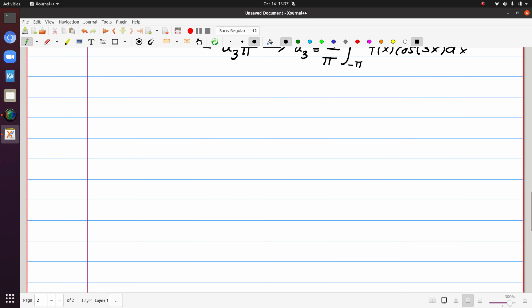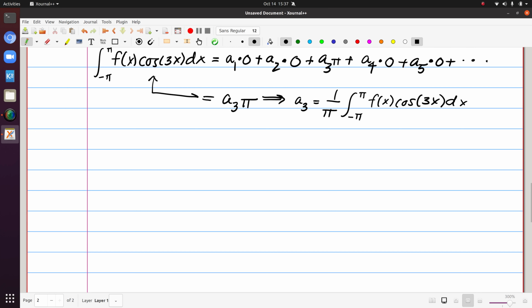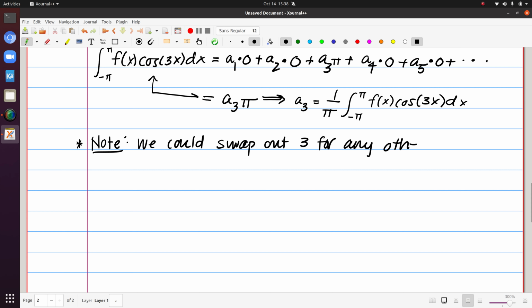And then the last thing I want to mention about this is that even though I just found a sub 3, this is a little bit more broadly applicable than might first appear here. So we could swap out 3 for any other positive integer, so let's say any other positive integer k, or let's say n, because I'm using k as my summation index, to find a sub n.